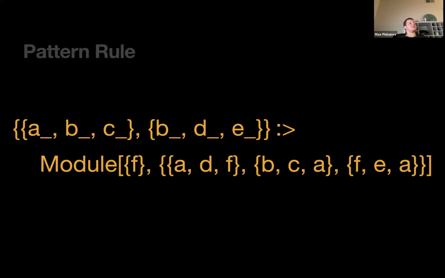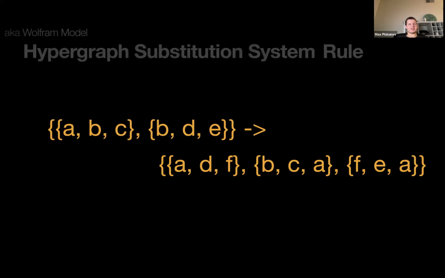For the Wolfram model of hypergraph substitution systems, there is a shorthand notation we can use instead of this pattern rule, because the patterns always have the same form. The left-hand side are always single patterns, so we can just drop the patterns. And on the right-hand side, we can drop the module because we know if a symbol appears on the right, it doesn't appear on the left, then it's a new variable.